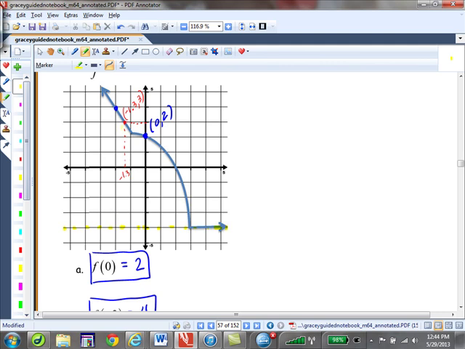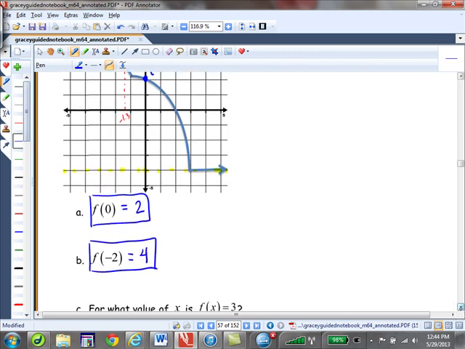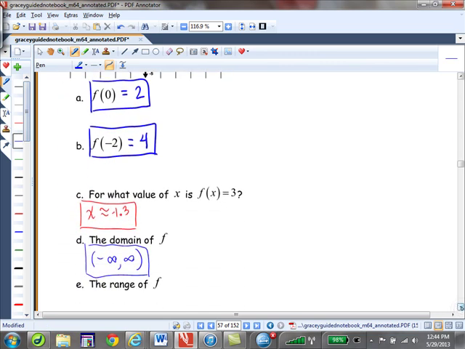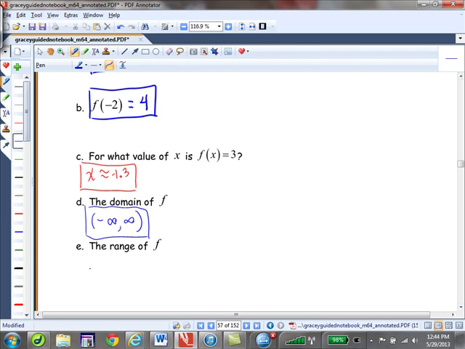Whereas looking up, do you see how it increases without bound? It keeps going up. So therefore, we would say our range would go from -4 to infinity. Put parentheses around infinity. Now, did it hit -4? Did it include -4? Yes, it did.